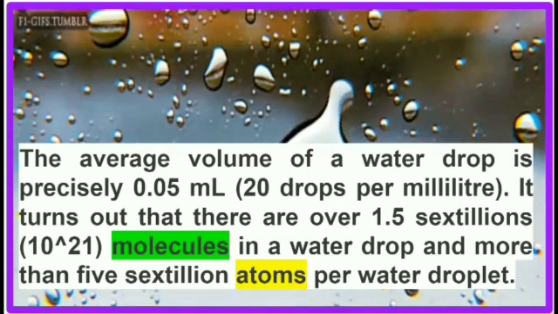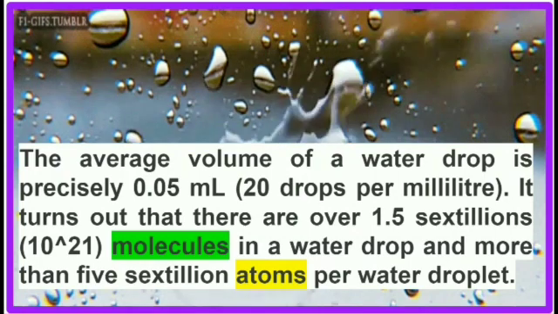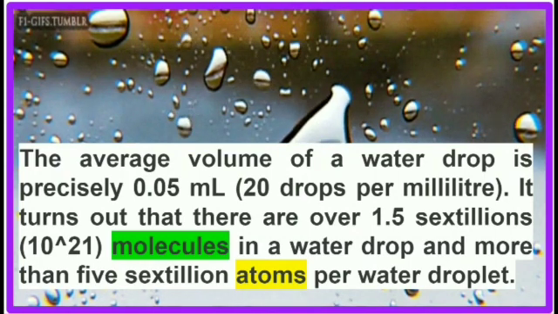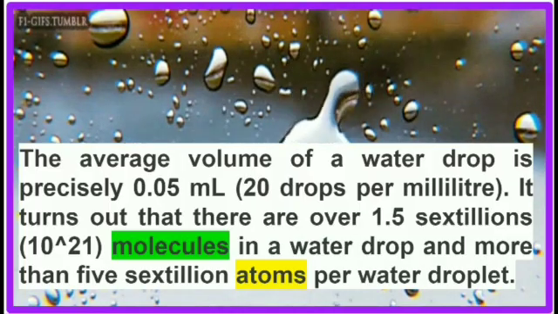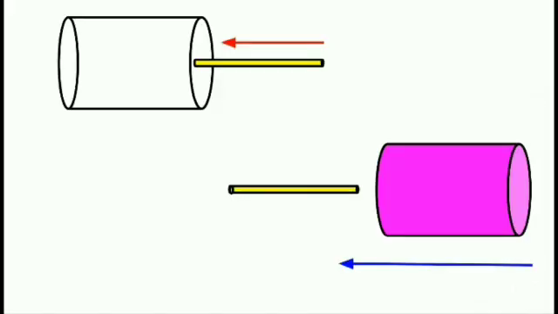In a water drop, there are 1.5 sextillion water molecules and more than 5 sextillion atoms. 1 sextillion is equal to 10 to the power of 21. It is quite easy to insert objects of smaller cross-section or size into hollow objects of larger cross-section or size, but it is impossible to do the same in reverse.